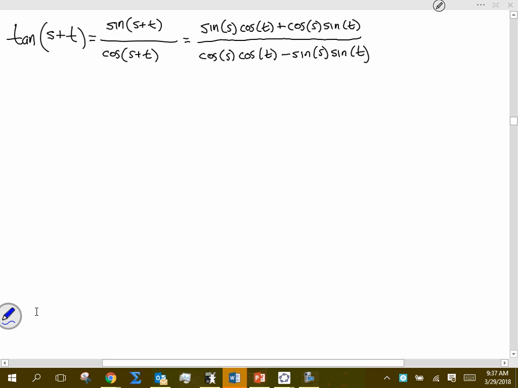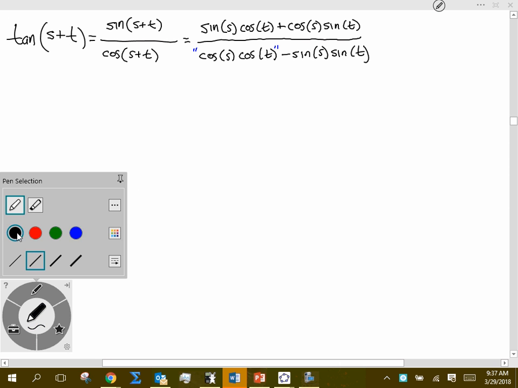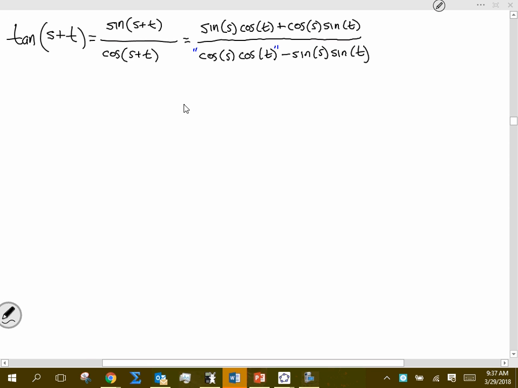And what happens is if we recognize this term right here, cosine S cosine T, and we go through and divide every single product up there by that term, some really nice things are going to happen. Okay? So just so that we're able to see all of this real nice and the way things cancel out, I'm going to rewrite that numerator, but I'm going to give myself some room so I can put in a denominator.